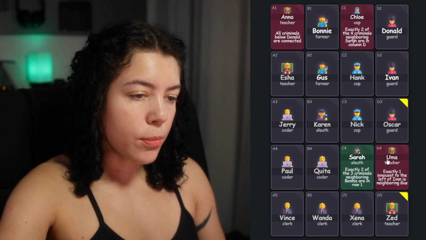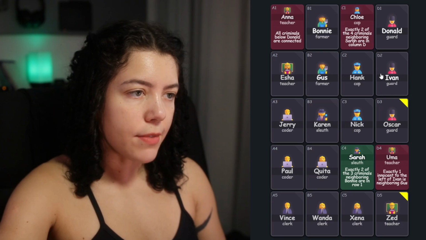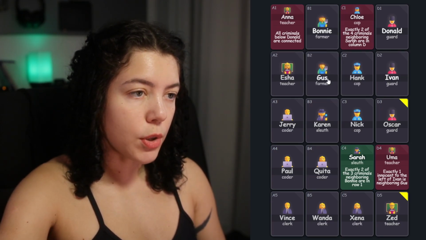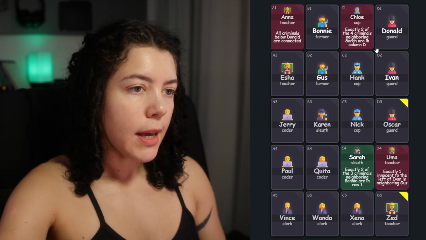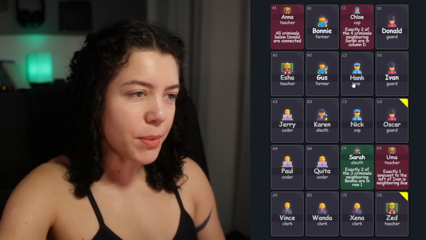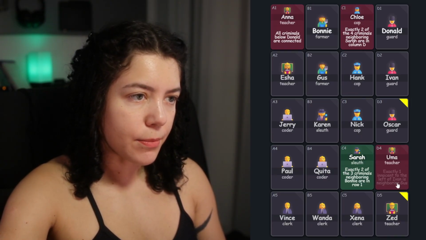Now, Uma says that exactly one innocent to the left of Ivan is neighboring Gus. Okay, so all of the people to the left of Ivan in row 2 are neighboring Bonnie, and we know that among them there's only 1 criminal, right? Because Bonnie has 3 criminals neighboring her, 2 of which we already know about. Where's Gus?